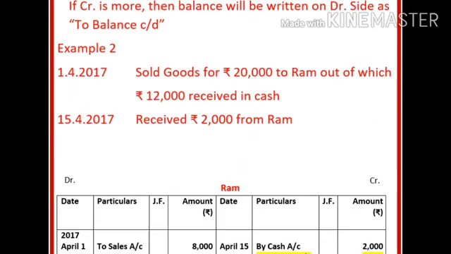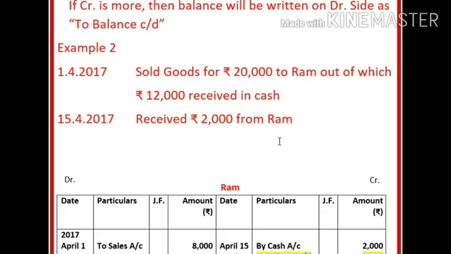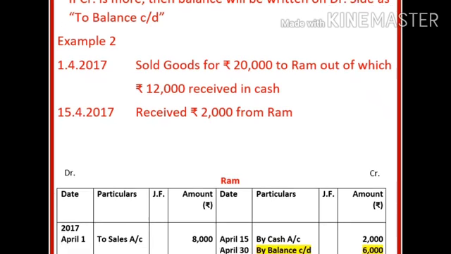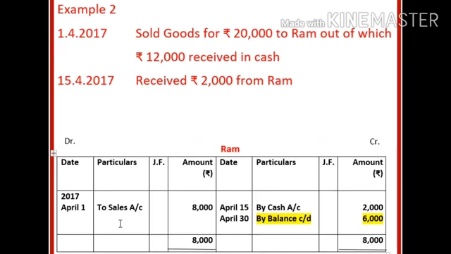Like with Ram, during this month we have 2 transactions. In the first transaction we have posted to sales, 8,000. Sold goods for rupees 20,000 to Ram, out of which rupees 12,000 received in cash.